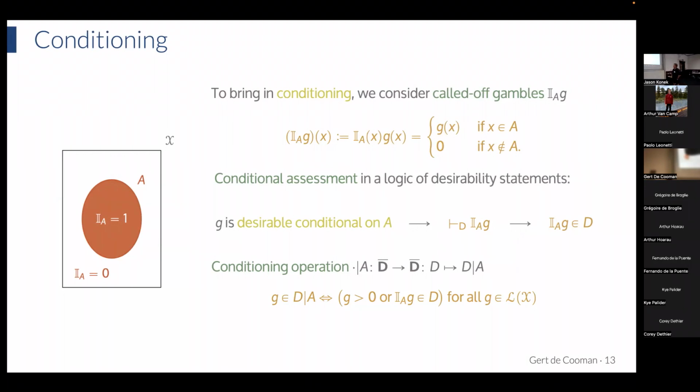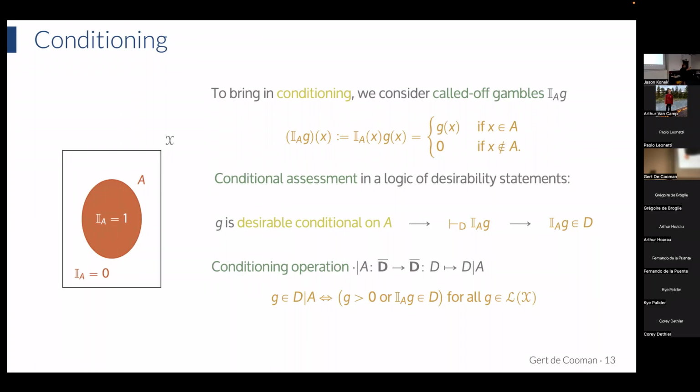The definition is the following: a gamble is in the updated or conditional set if and only if it is positive, because then it will always be in there, or if the called-off gamble is desirable. So once you have a set of desirable gambles D, you can condition on A by doing this operation.